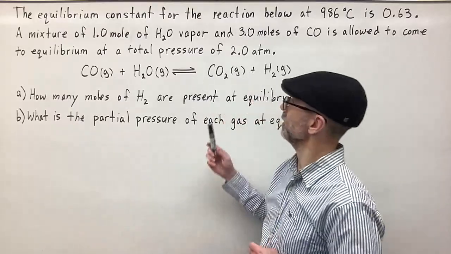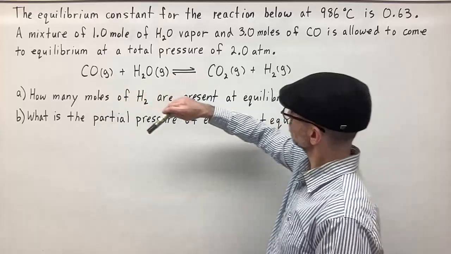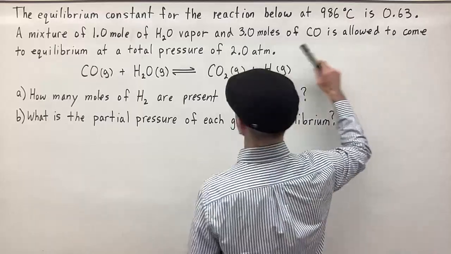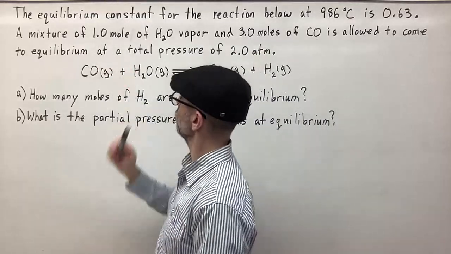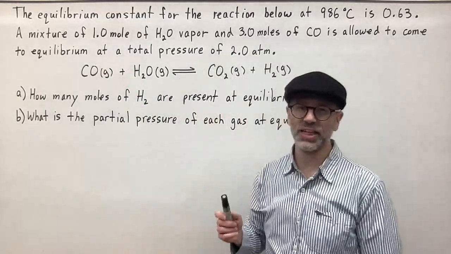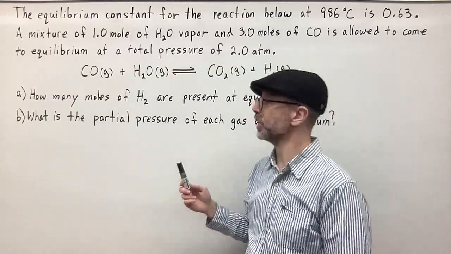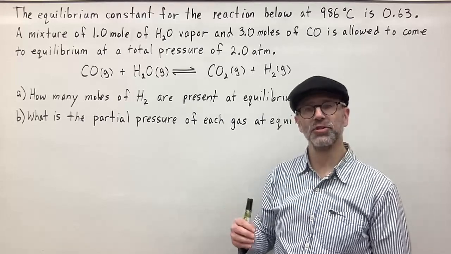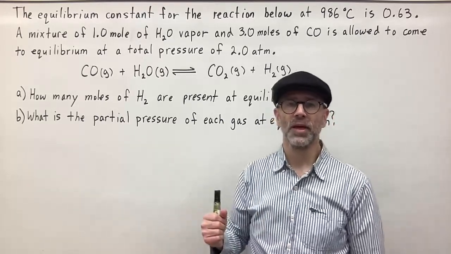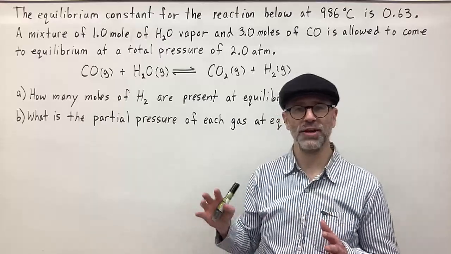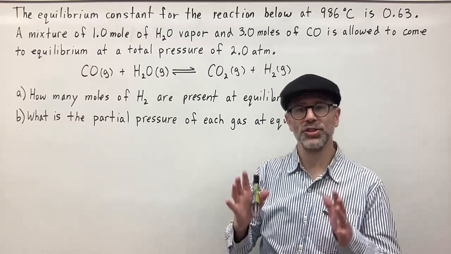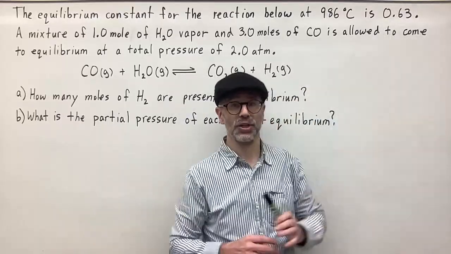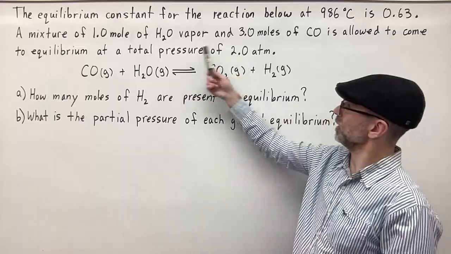And so we can go ahead and just use the moles as if they're the same as molarity. And if you see that the starting values, 3.0 moles, and where's the other one? 1.0 mole. That's really close to 0.63. In order for X to be small enough to be negligible, you would have to have at least an order of magnitude of difference between your K value and your molarity.